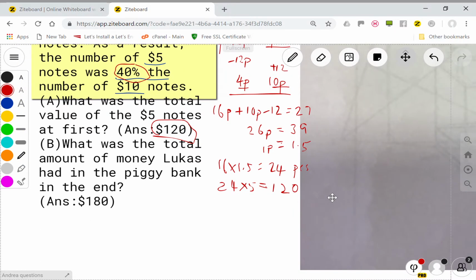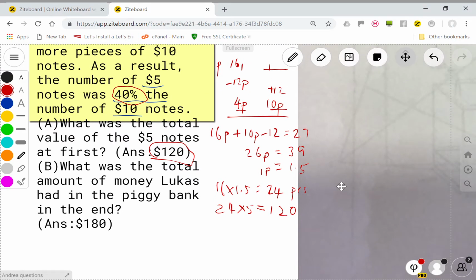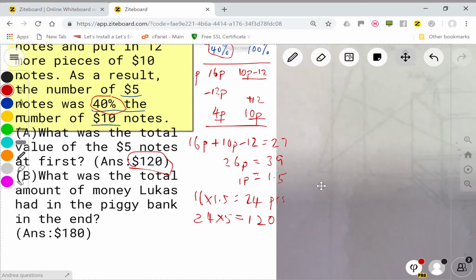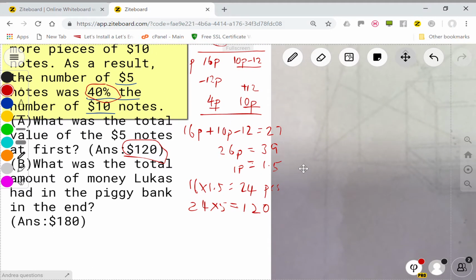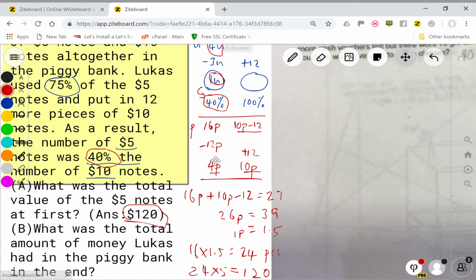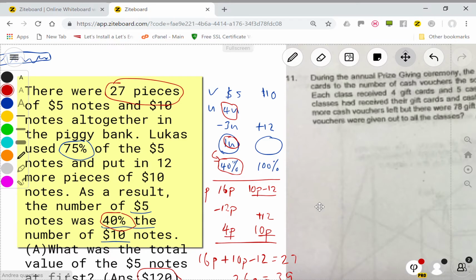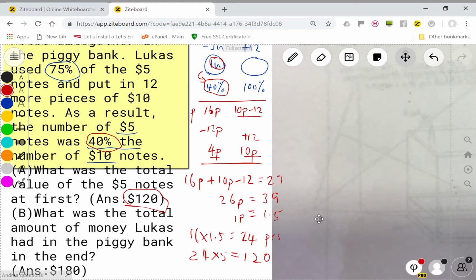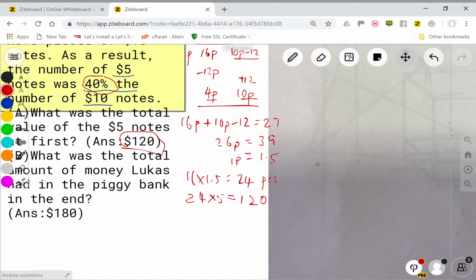What was the total amount of money Lucas had in the piggy bank in the end? In the end there are 14 parts. So we need to calculate the number of $5 and $10 notes respectively. So 4 parts, the number of $5 notes is 4 times 1.5 equals 6.